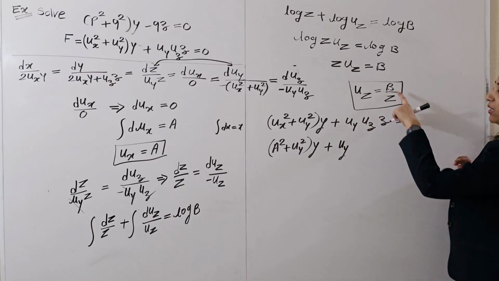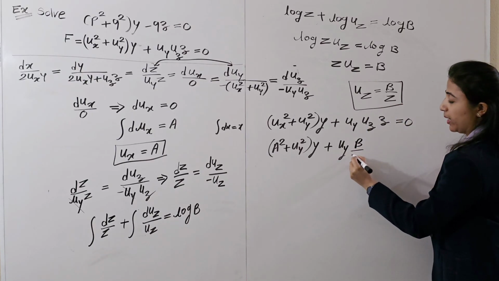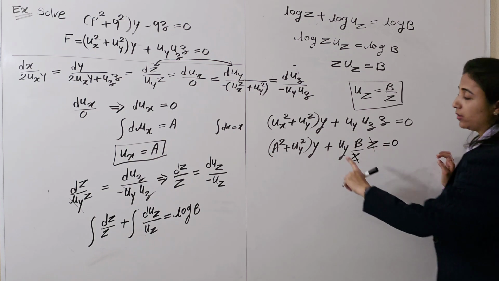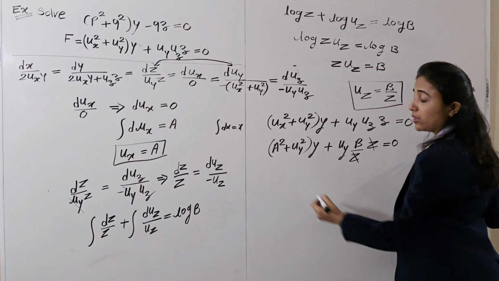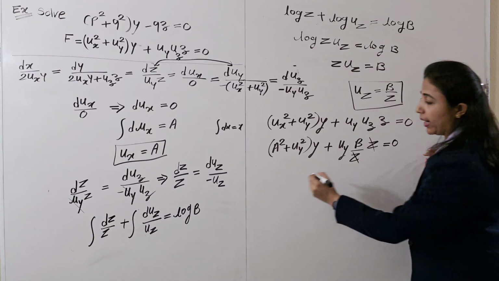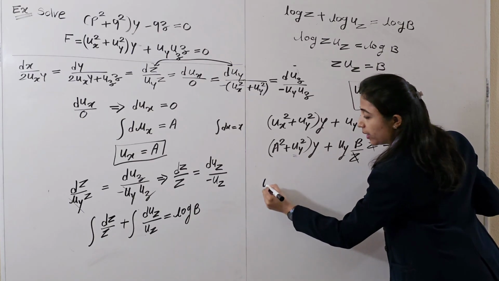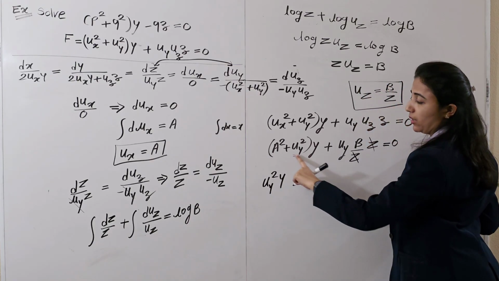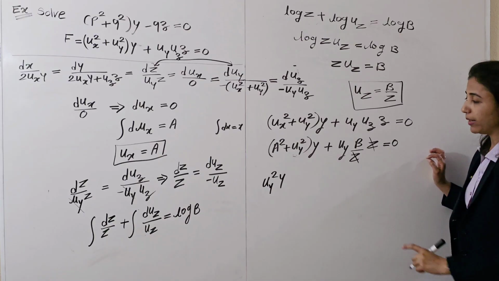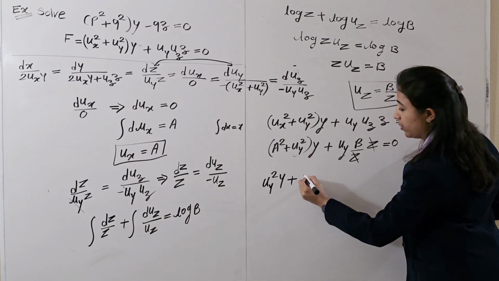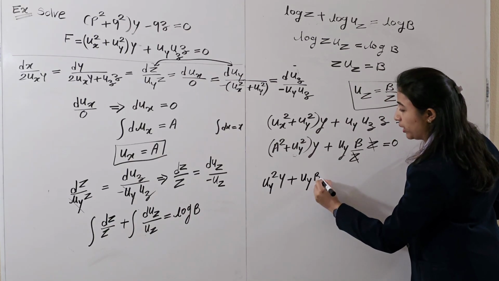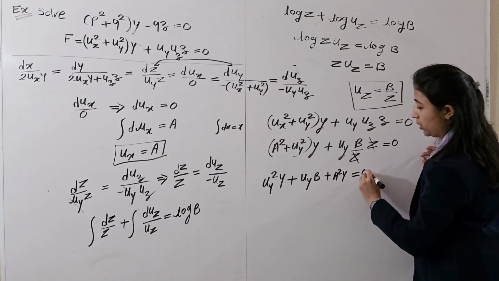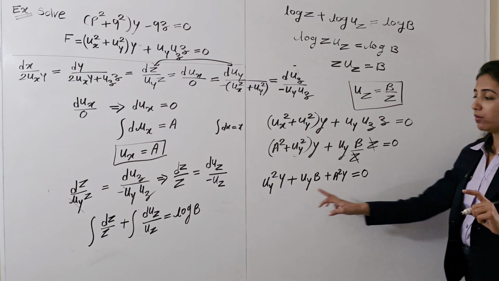Uz is b by z, so b divided by z into z, so this z gets cancelled out. So open this bracket, I will write it in the form of a quadratic equation of uy. So it is uy square into y, this y multiplied to each term of the bracket, plus uy into b, plus a square y equal to 0. In short, it is a quadratic equation in uy.